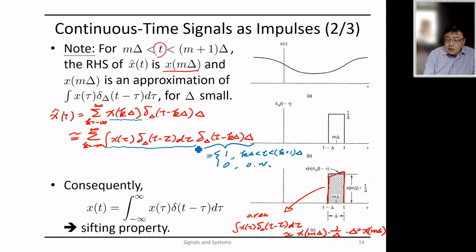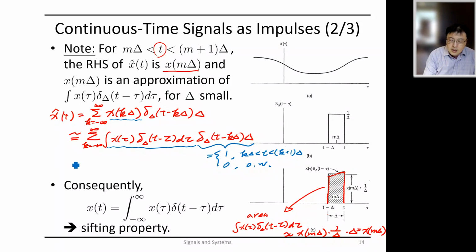Now this integral has nothing to do with k, so I can bring this outside of the summation. And then when summing over these rectangles, over different time intervals, k delta to k plus 1 delta, k plus 1 delta to k plus 2 delta, and so on and so forth, the summation of these rectangles sums up to be a constant 1 function.